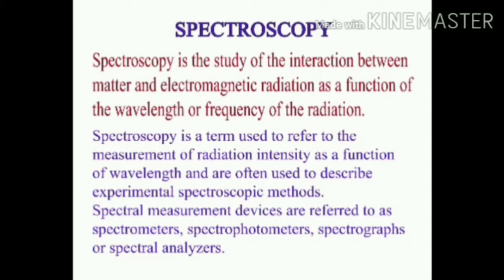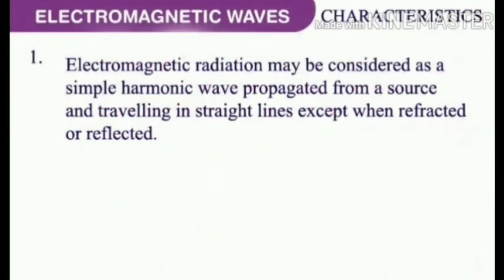So we need to understand two important things: the electromagnetic radiation and the spectra generated by the interaction of matter with electromagnetic radiation. So let us try to understand what electromagnetic radiation is. Electromagnetic radiation is a combination of electric and magnetic components of waves, which have two important characteristics.